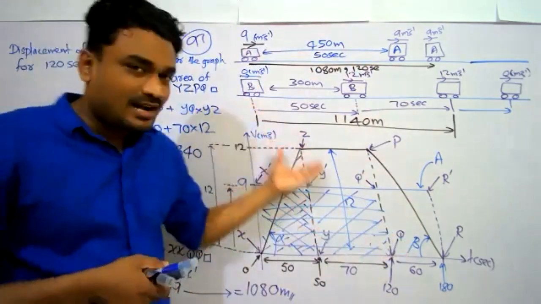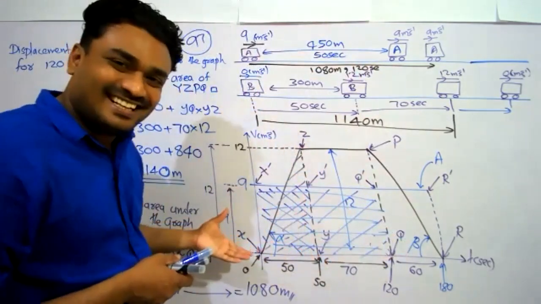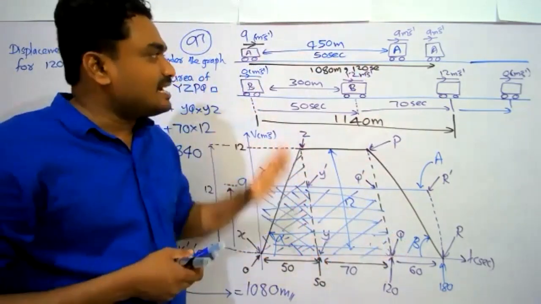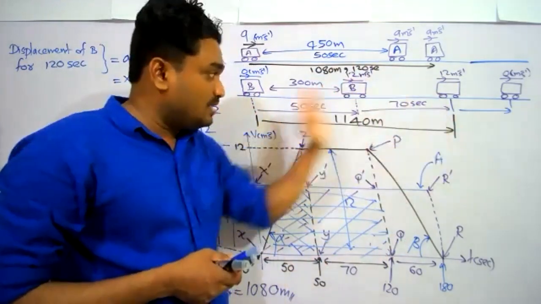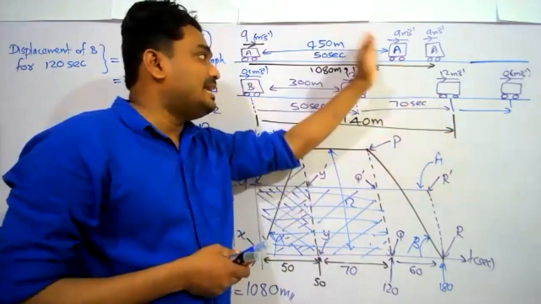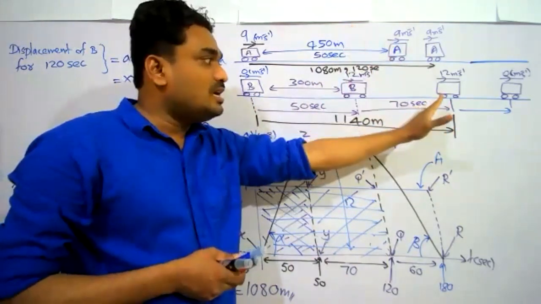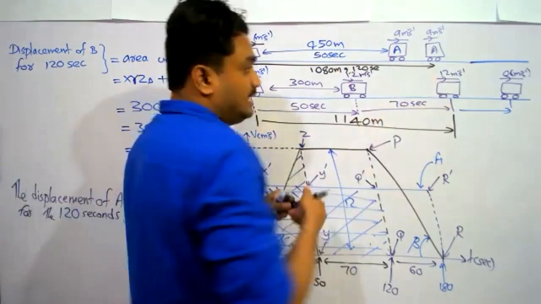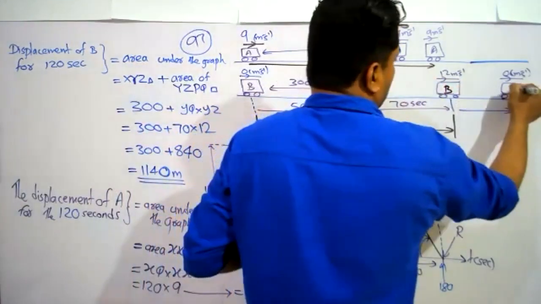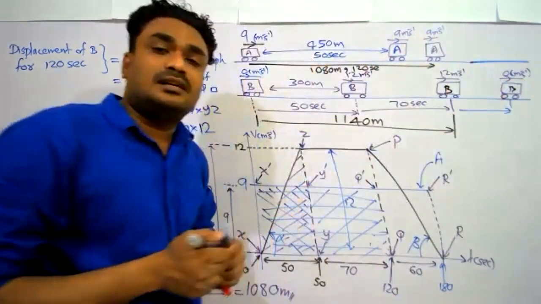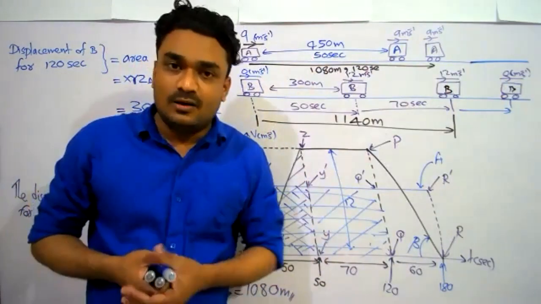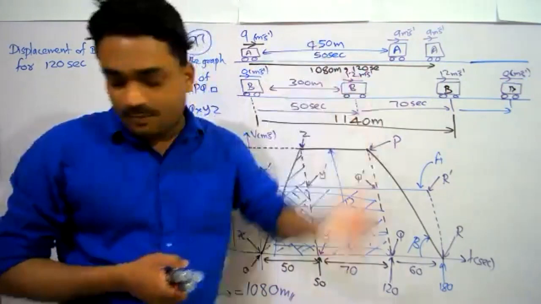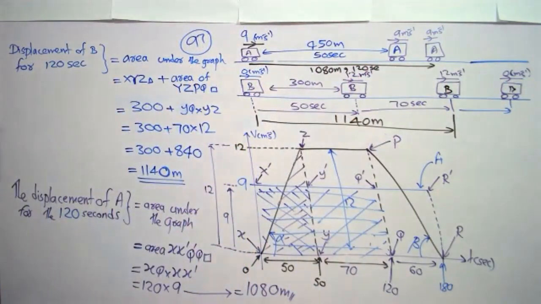Now my velocity-time graph cannot be used any further. After 120 seconds, B has traveled a larger distance than A, so B has overtaken. But we want to find the exact time at which B overtakes A. You complete the figure here.